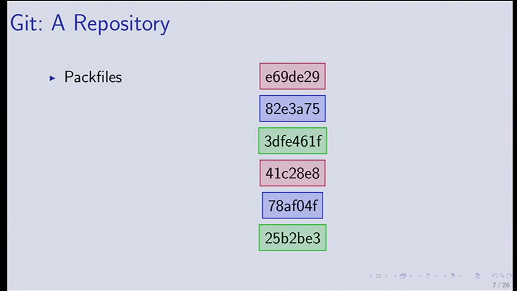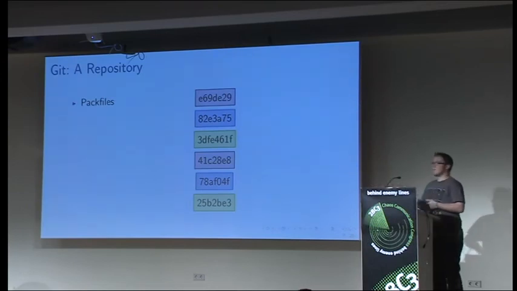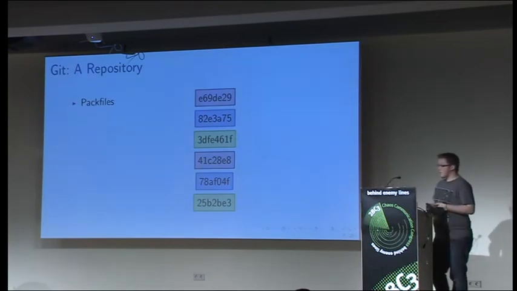So we have pack files. Pack files are just objects written one after another in one big file. They are up to 2 gigs, and you can do a sequential read if you retrieve more than one object at a time, and this is pretty fast. Indeed, this is faster than a copy on the file system.